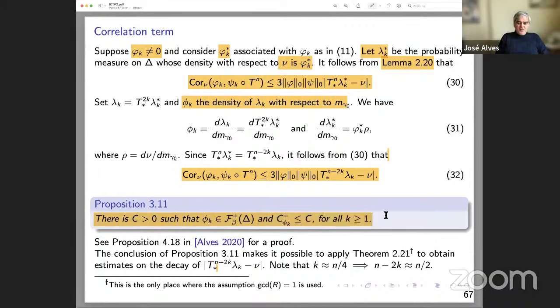There's a uniform control, as I said, in the result that I've given you. There is a result saying that if the recurrence time decays polynomially fast, then this decays polynomially fast. If the recurrence time decays exponentially fast, then this decays exponentially fast.